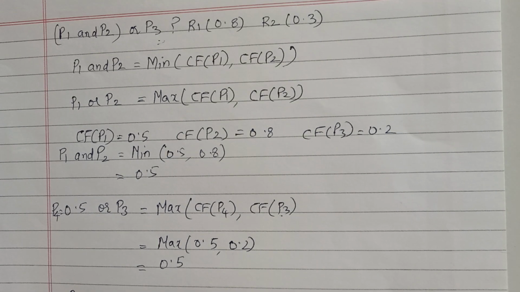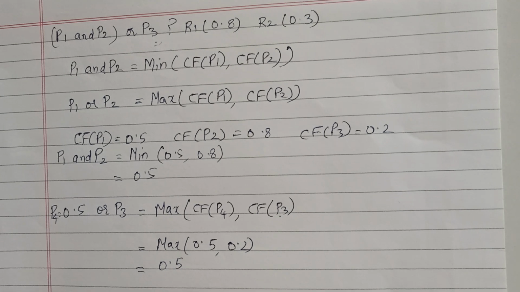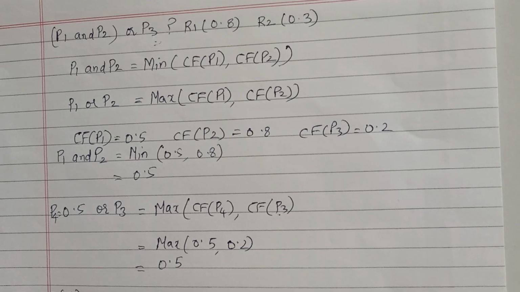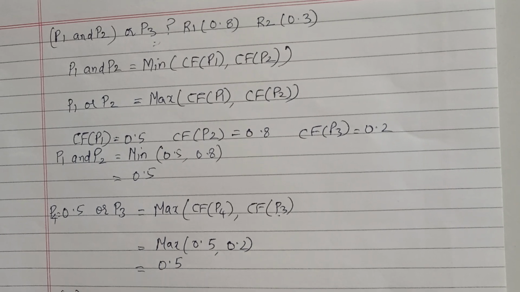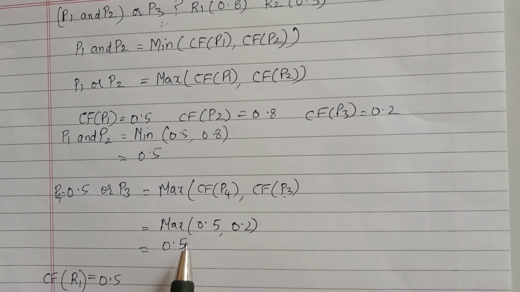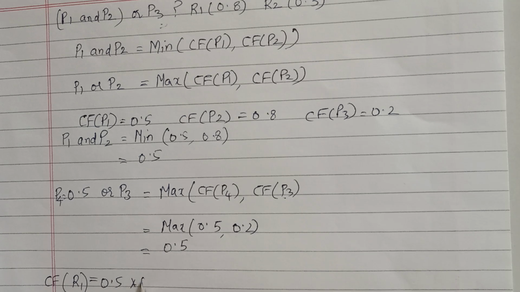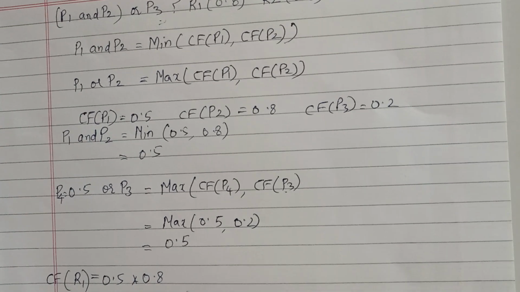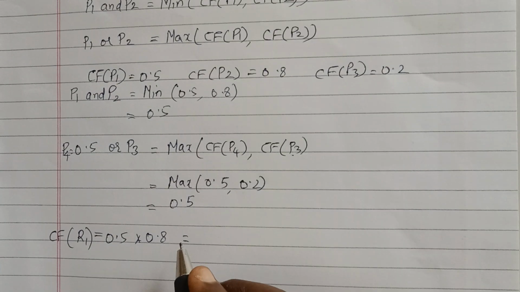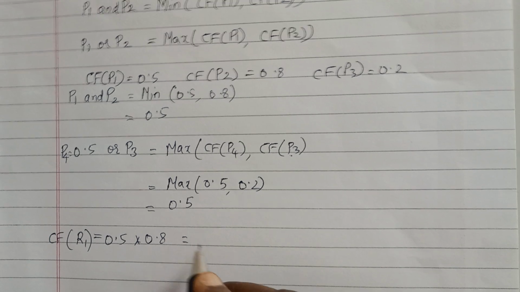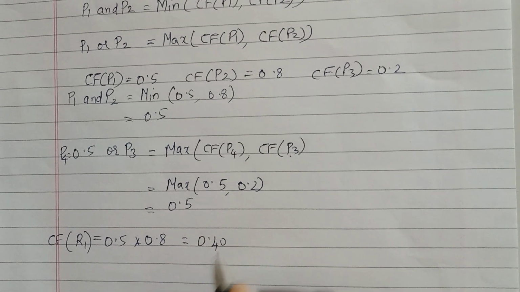So the conclusion factor of R1 will be 0.5, what you got as a result, into 0.8, the R1 value. So it is 0.5 into 0.8, that is 0.40.